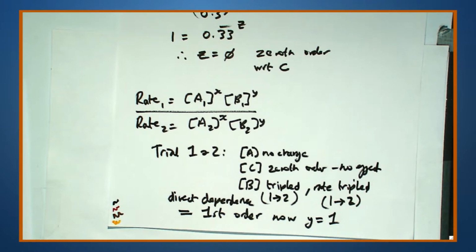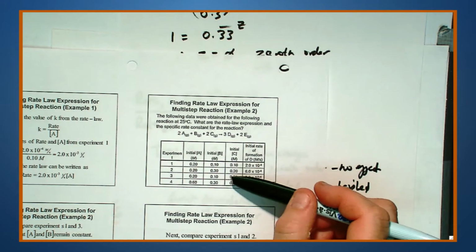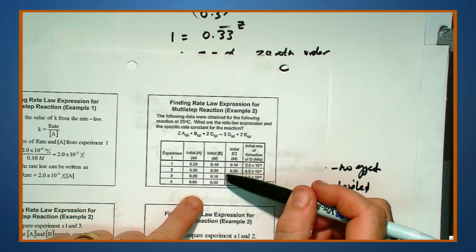If you wanted to, you can also include one where your B changes, because you actually know the dependence on it. But if you want to make it simple, if you want to find one where only one thing changed, then the one that makes the most sense, if we look at this, is trials 2 and 4. You're trying to just make it easy for yourself.